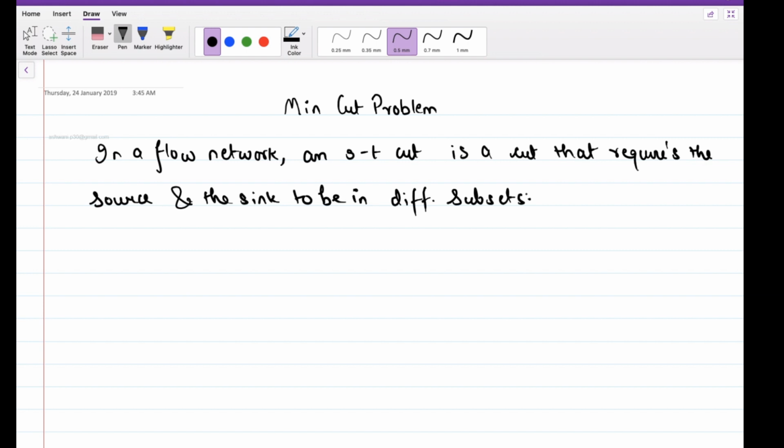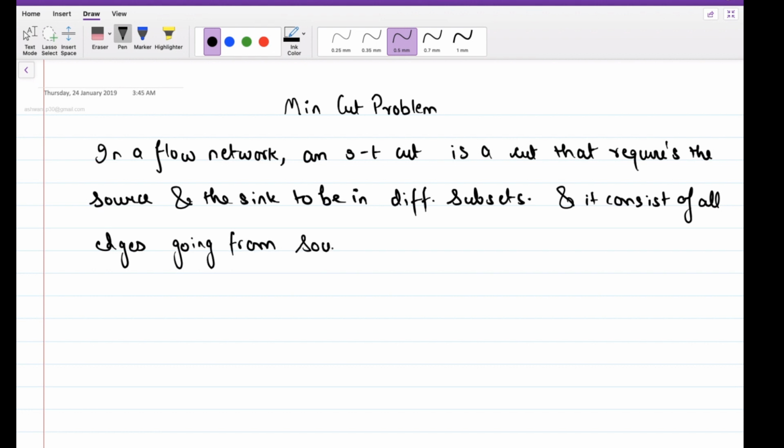And it also consists of all edges going from the source side to the sink side.